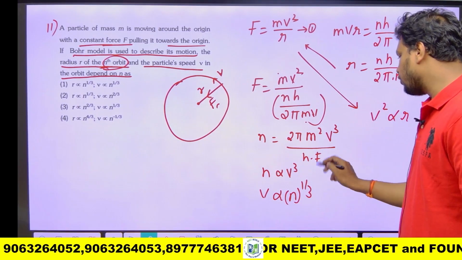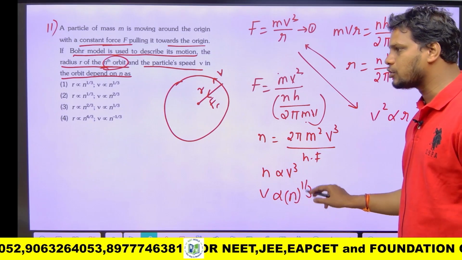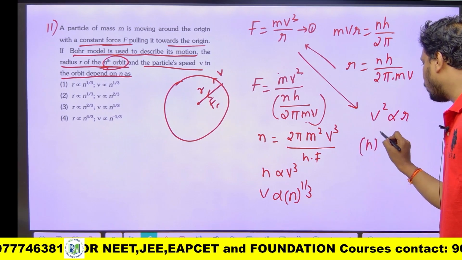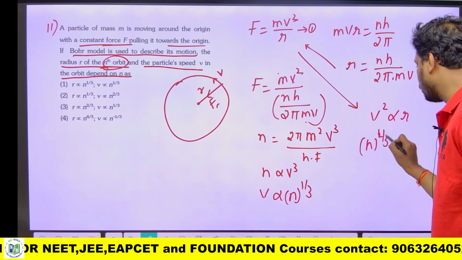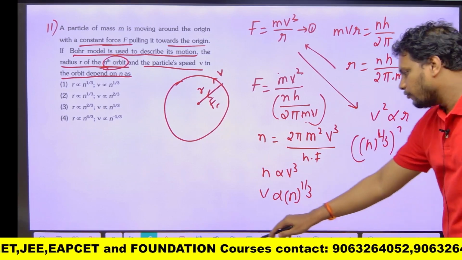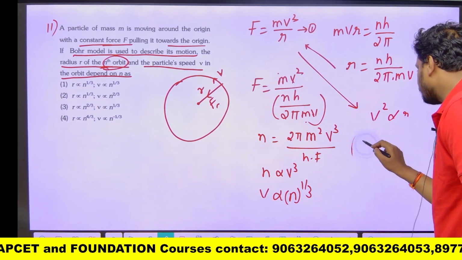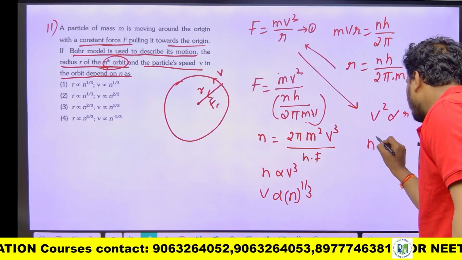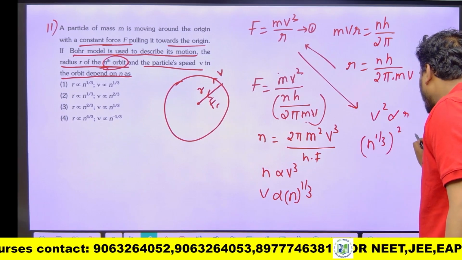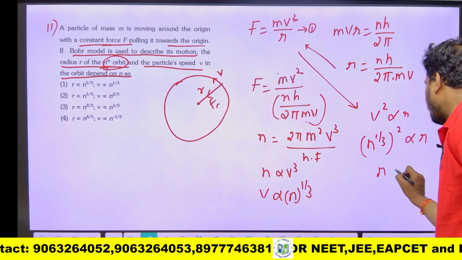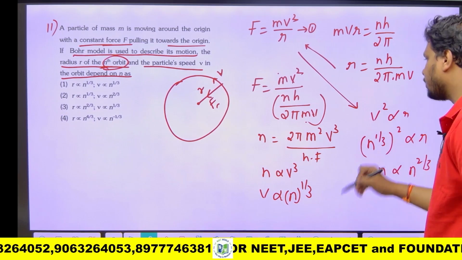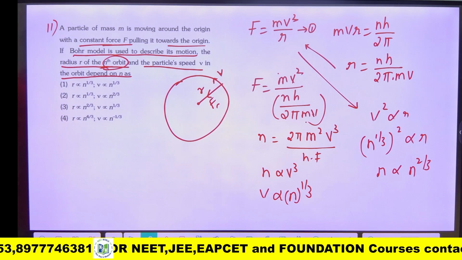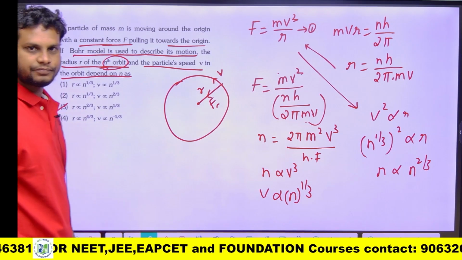Since v is proportional to n to the power of 1 by 3, v square is n to the power of 1 by 3 whole square, proportional to r, or r is proportional to n to the power of 2 by 3. So v is proportional to n to the power of 1 by 3, r is proportional to n to the power of 2 by 3, option 3 is correct.